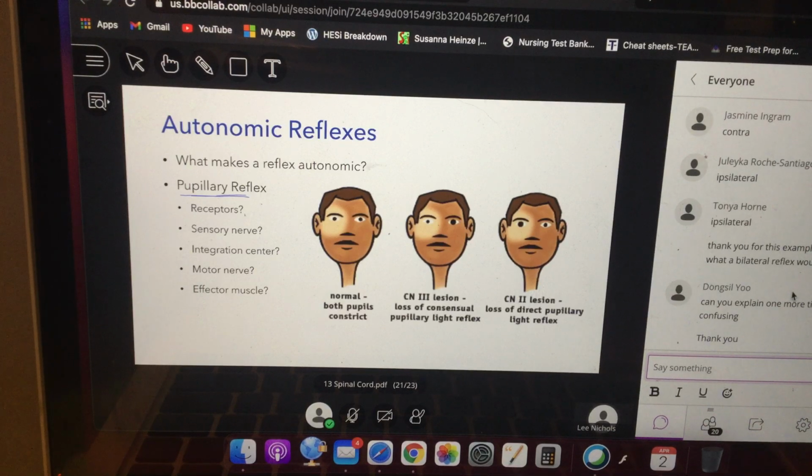Other examples of autonomic reflexes, I gave another one with your heart rate, breathing faster or slower, your lenses of your eyes adjusting for distant and close-up vision. Like, for example, everybody look at your computer screen right now, and then look up at something maybe across the room.